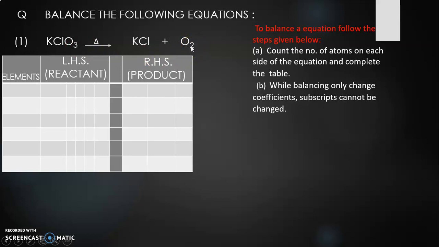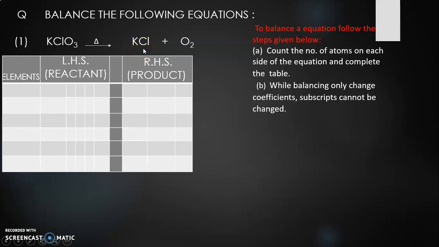We are not supposed to touch them. We cannot change them. We can balance by only adding numbers in front of the substance, that is, we can add only coefficients in front of the substances either on the reactant side or on the product side to balance the equation.